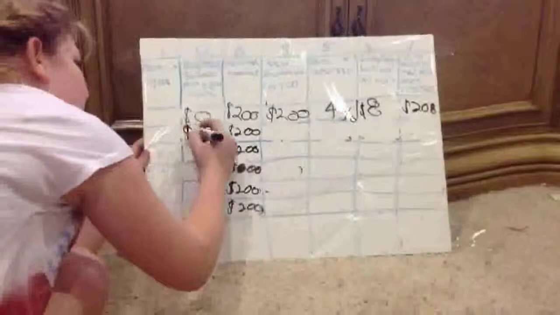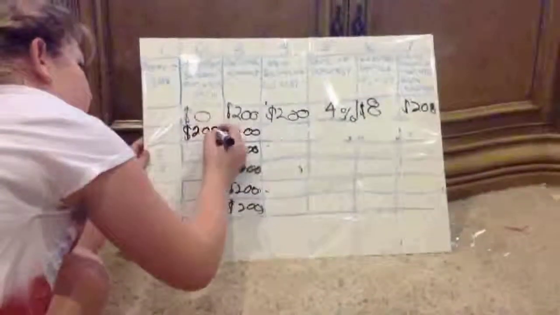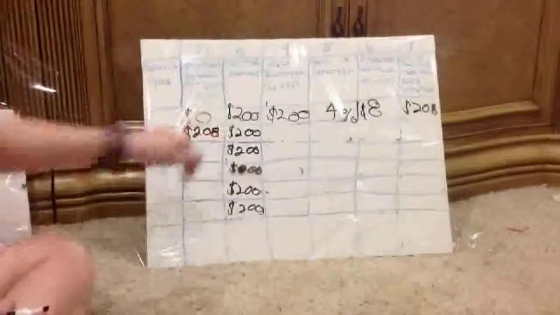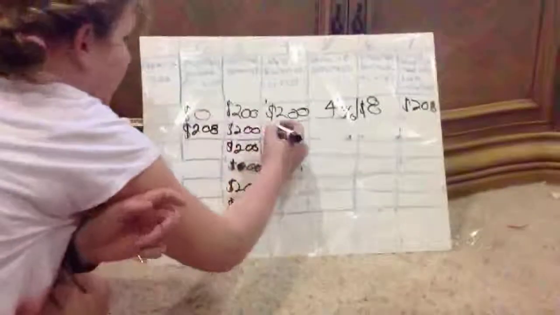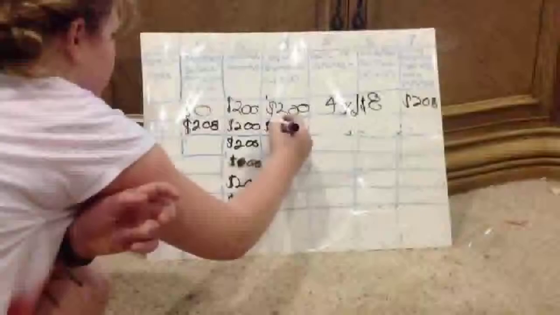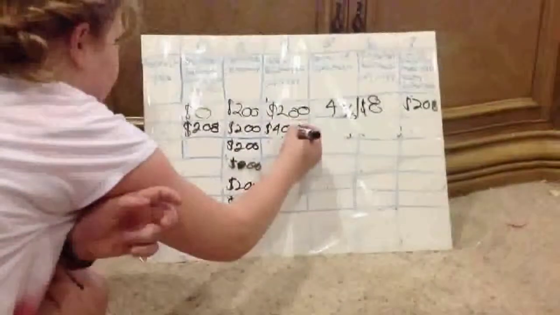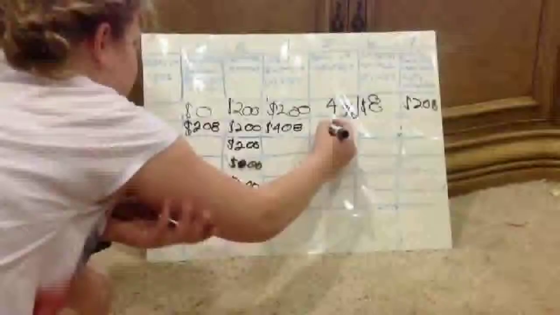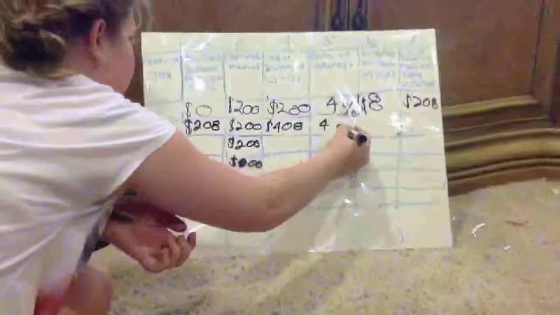And we will bring that $208 down here. So we add the $208 plus the $200, and that will give us $408. The rate of interest will still be 4, and we'll write that all the way down this column.